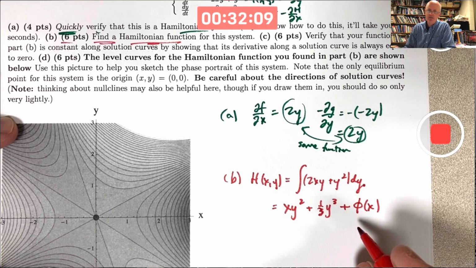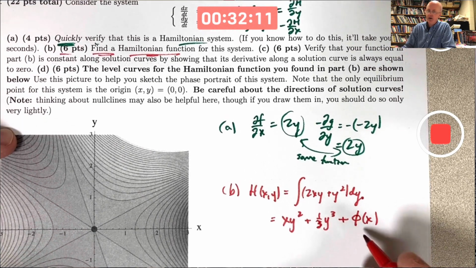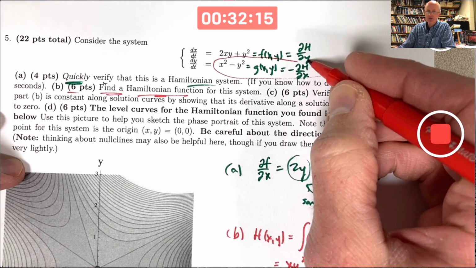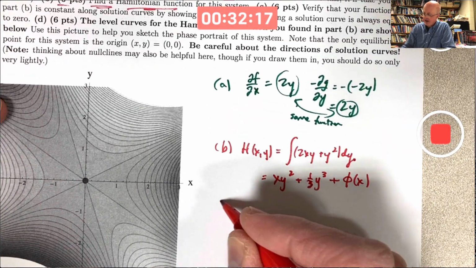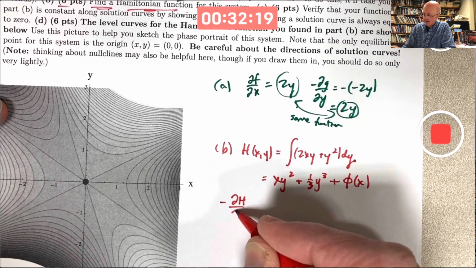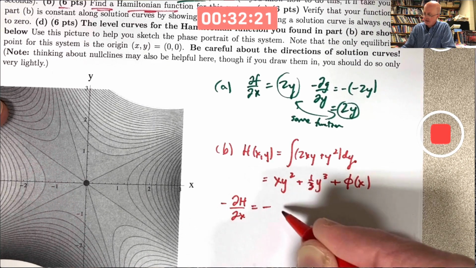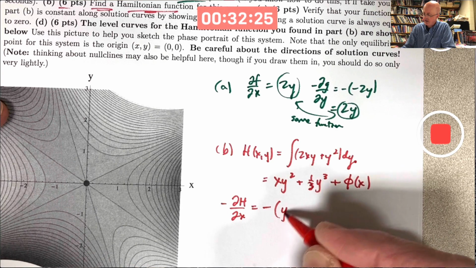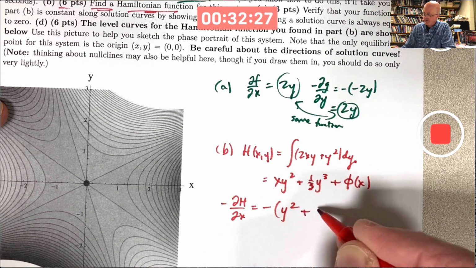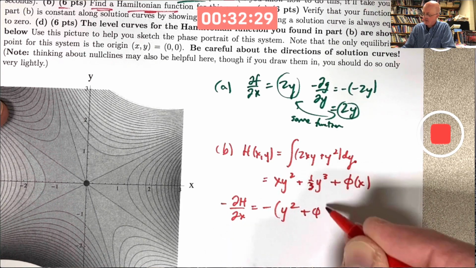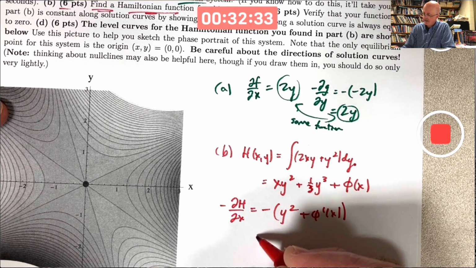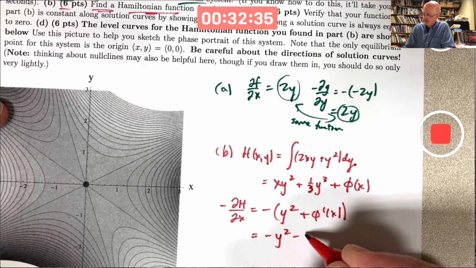I know h has to have this form. To figure out what phi of x is, I need to satisfy the other condition, that this is true. Find the opposite of the derivative of h with respect to x. That'll be the opposite of differentiate with respect to x. Here you get y squared, and here you get 0, and here you get phi prime of x. Distribute the minus sign through, that's minus y squared minus phi prime of x.